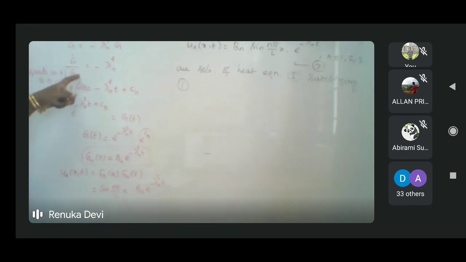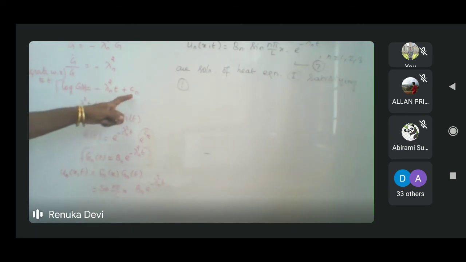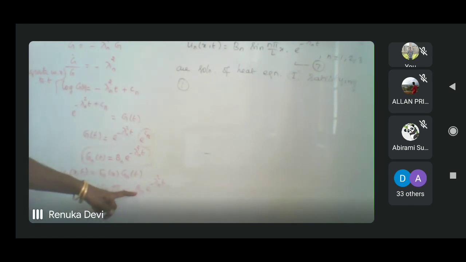G dot by g equal to minus lambda n square, so lambda n will change, but c will not change. Bn will not change, isn't it?